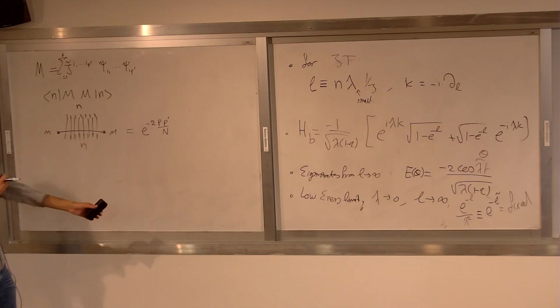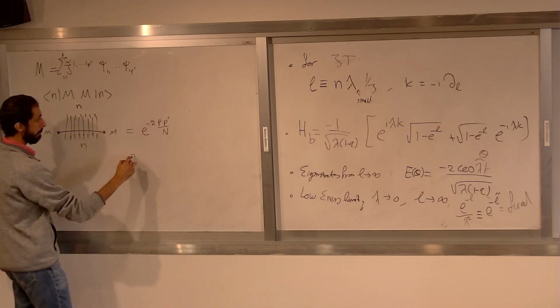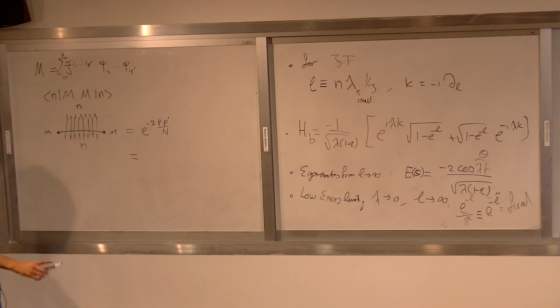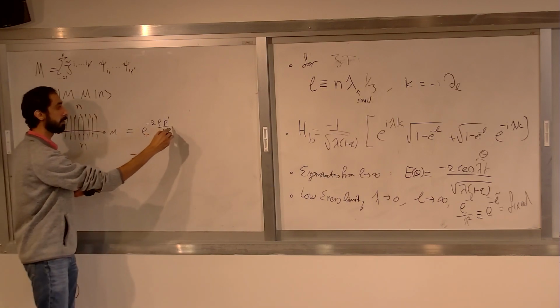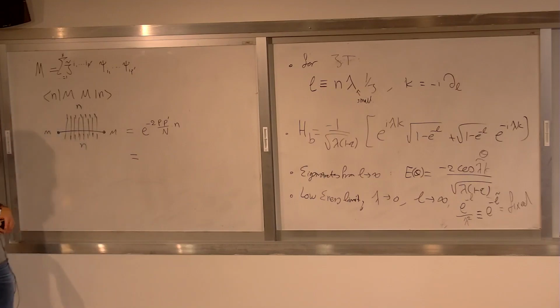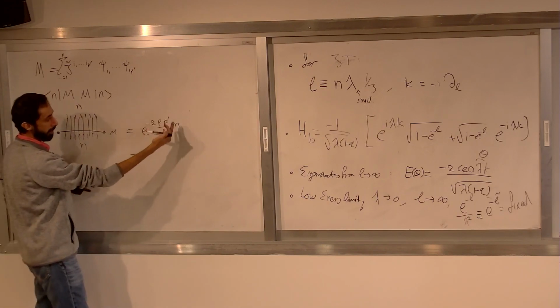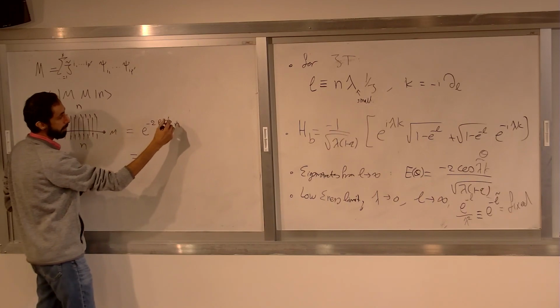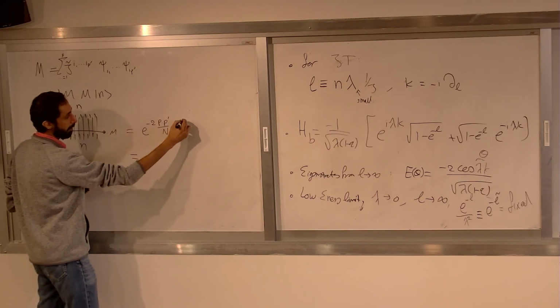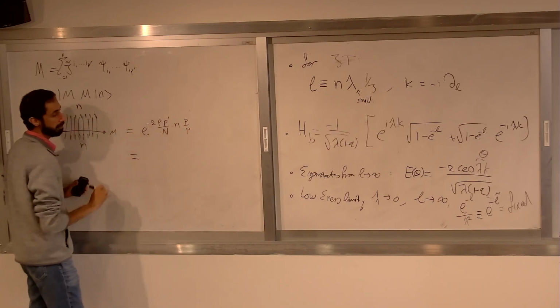So this is the answer. But you can re-express this. Oh, sorry, no, this is not the answer. Times n. For each Hamiltonian chord it intersects, it picks up a factor. There's a nice way to re-express this. Multiply by p, divide by p.